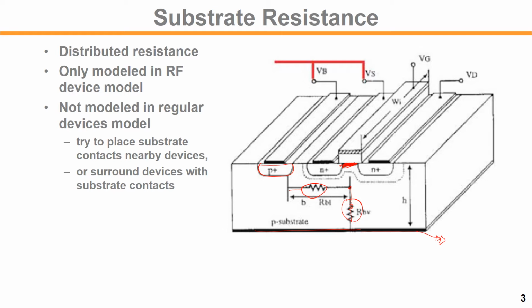So we have to place the substrate contact as near as possible to minimize the substrate resistor effect, or surround the device with a circular substrate contact. That would reduce the substrate resistor problem. Typically this happens in RF devices or sensitive device cases.